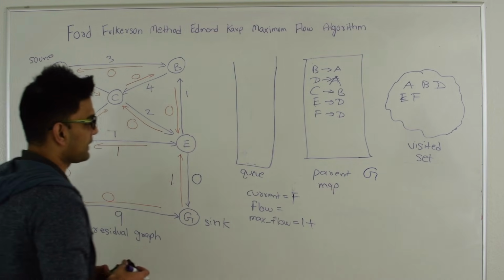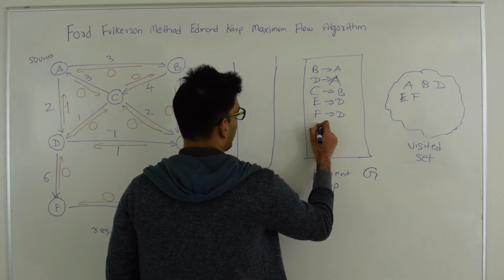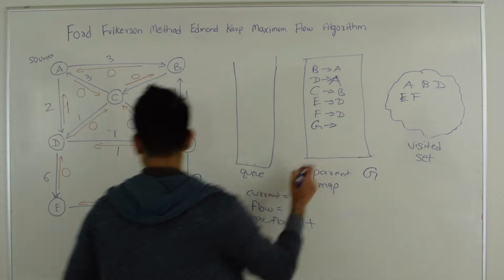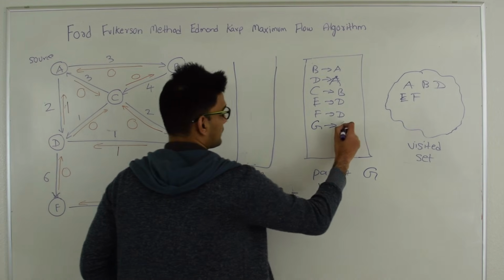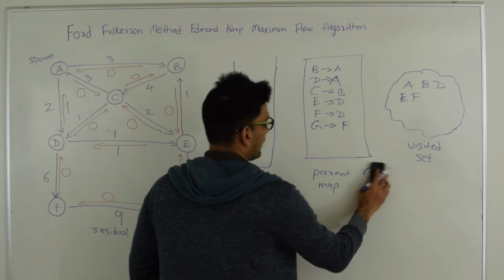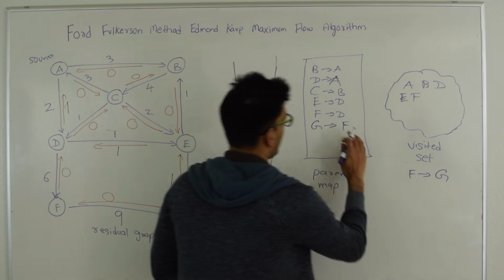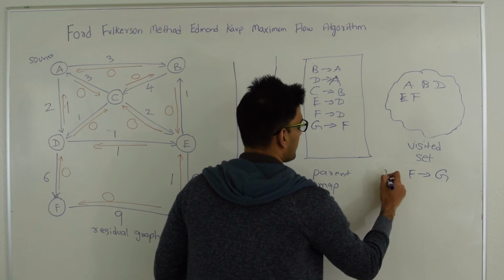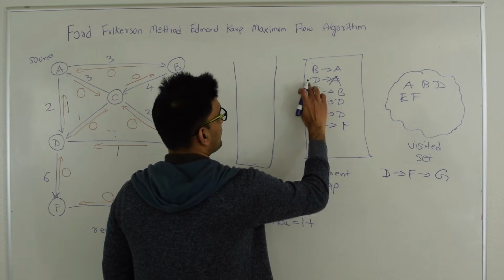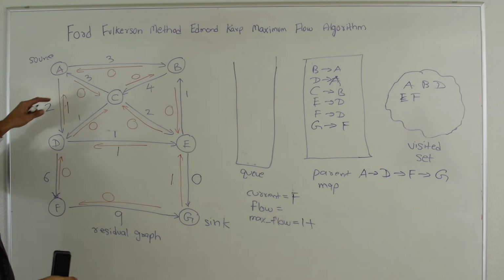So after we found sink, let's retrace the path back to how we reached A. First I'm going to note that G got introduced by F, which is current. So G got introduced by F, and F got introduced by D, and D got introduced by A. So let's add the residual capacities.